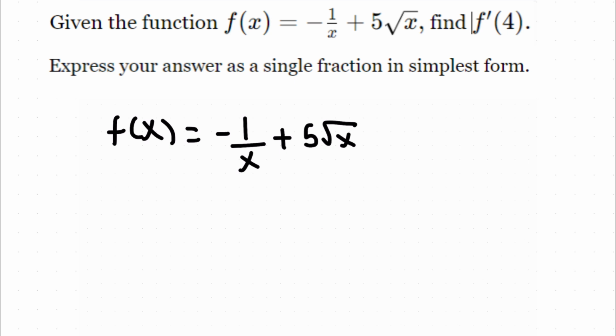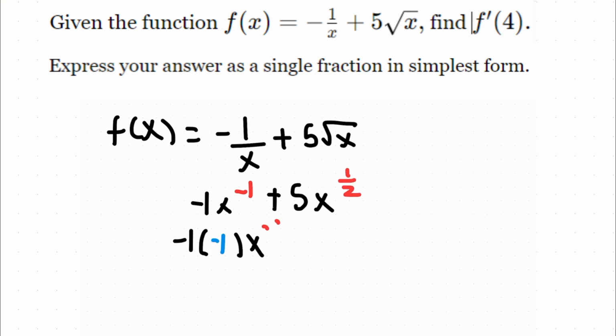Let's solve this problem. We have to evaluate the derivative at x equals 4. Let's use the power rule to find the derivative of this function. For the first term, move x to the numerator, and for the second term, rewrite the square root of x as x to the 1/2 power.